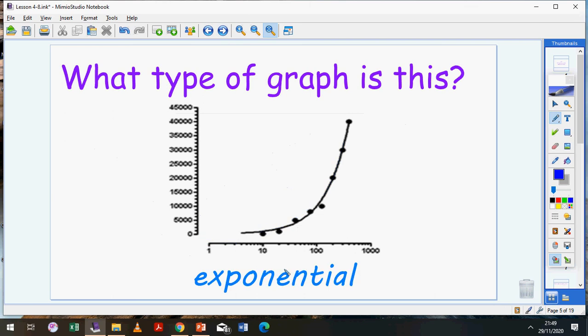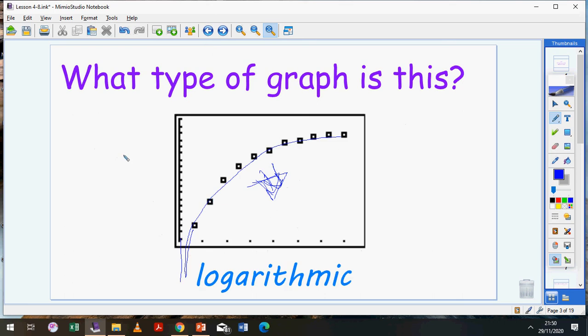So the characteristics are it's concave up, right? And it's curving away from its horizontal asymptote. So this one is curving away from horizontal asymptote, and the logarithmic one is curving away from its vertical asymptote, right?